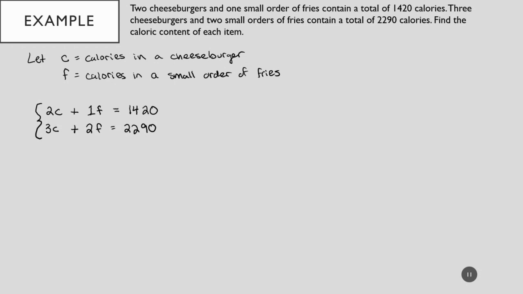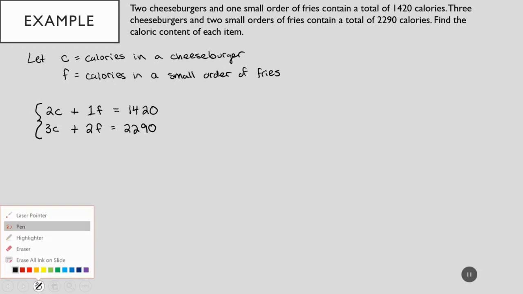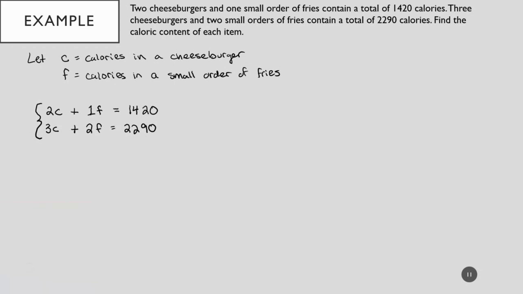So looking at my numbers, I can multiply the first equation by a -2. That would give me my fries, the f's, to have opposite coefficients, one positive, one negative, and there'll be 2. And then I only have to multiply one equation. An alternate way to show your work is you can say mult by -2, just to tell me what you did, instead of doing what I was doing before and showing it.